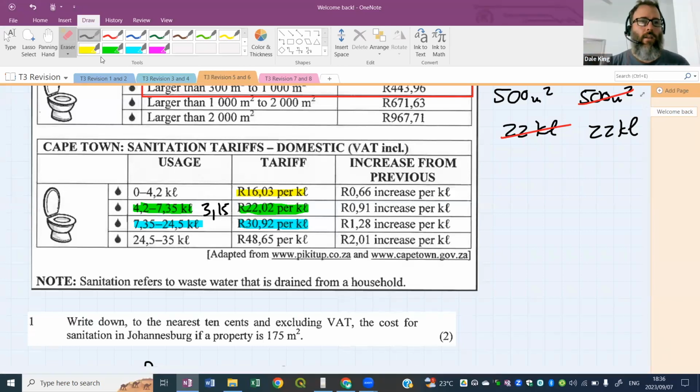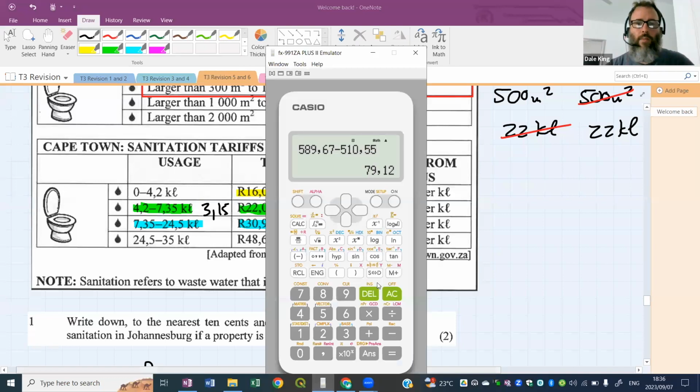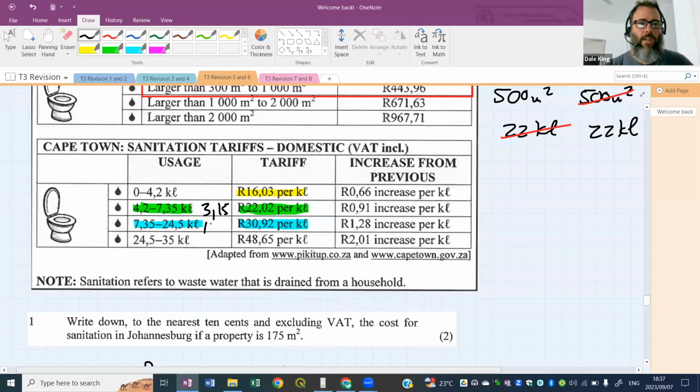Whenever I see these tariff tables, I always tell my students to please quickly calculate how much is in each tariff. So we should have done 24.5 minus 7.35, which is 17.5. So we know there's 17.5 kiloliters in here.